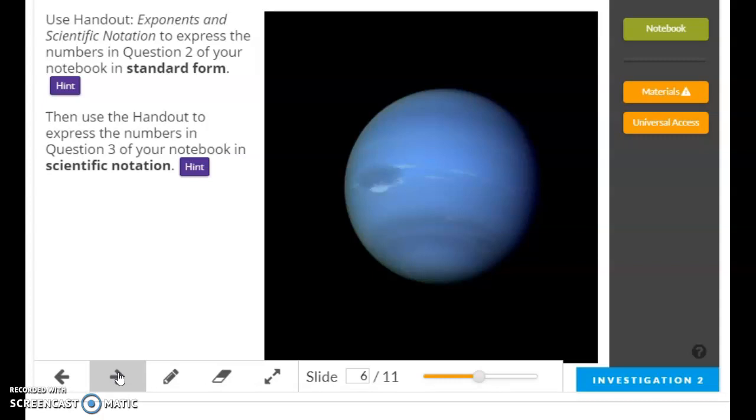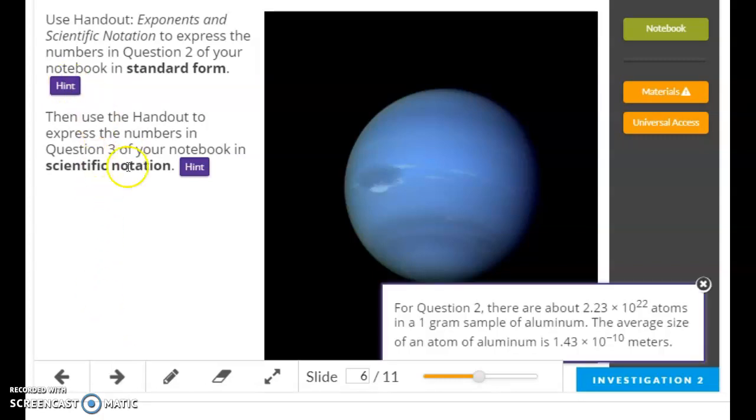And I want to write that in standard form. Okay, so how do I do that? Remember, standard form is not using the 10 to the exponent here. It's just the whole number written out with all of the digits.